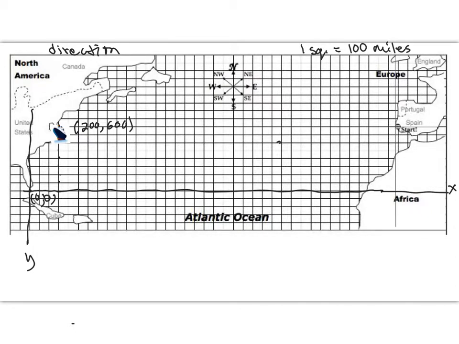Okay. Every month I travel east 400 miles. All right, so every month I move 1, 2, 3, 4.